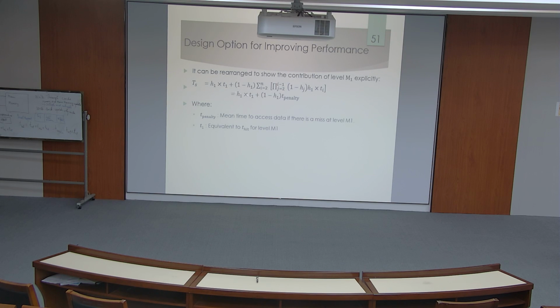Then what is the probability to find the data in the next level of the memory, and how long does it take, and so on and so forth. Then we have the simple expression, which is H1 times the time it takes the system to return the data, plus 1 minus H1 times the T penalty, the penalty time. Well, the penalty time is the mean time to access data if it is a miss at level M1.